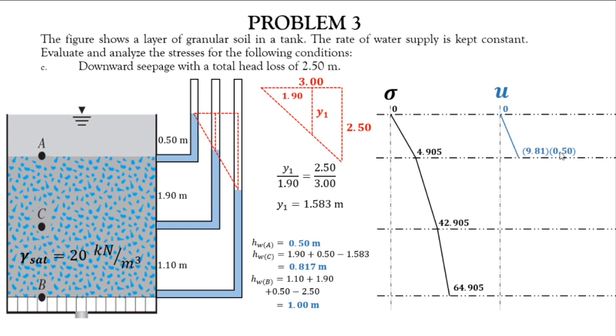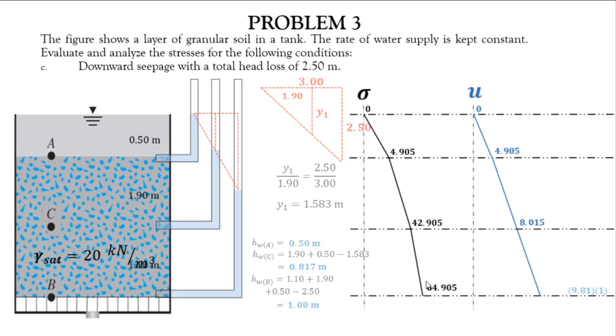Kaya, ganun pa rin yung ibibigay na value para sa point A. Pero pagdating sa ating point C, kung mapapansin nyo, magbabago na. Unit weight of water times the height of water in that piezometer, dahil nagbago na, naging 0.817, bumaba na yung pore water pressure natin at ito ay equivalent sa 8.015. And then lastly, para naman dito sa last point, sa point B natin, that is 9.81 times the height of the water in the piezometer, 1 meter.